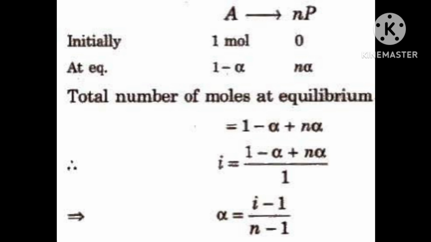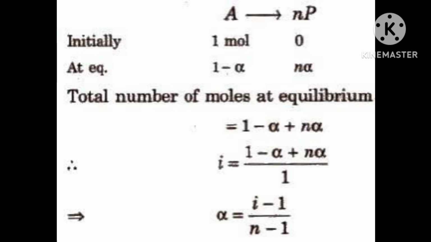Now here, x by 2 at equilibrium position, you got the total number of moles. This total number of moles at equilibrium is equal to i, that is the Van't Hoff factor. Remember that the total number of moles at equilibrium is equal to i, the Van't Hoff factor.